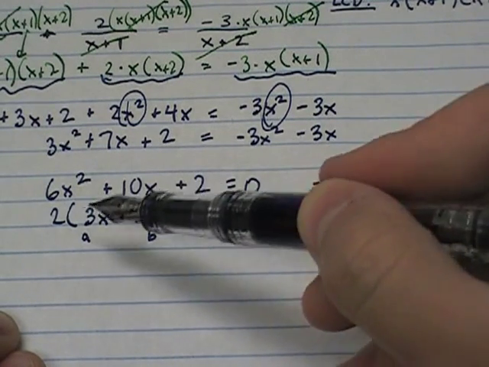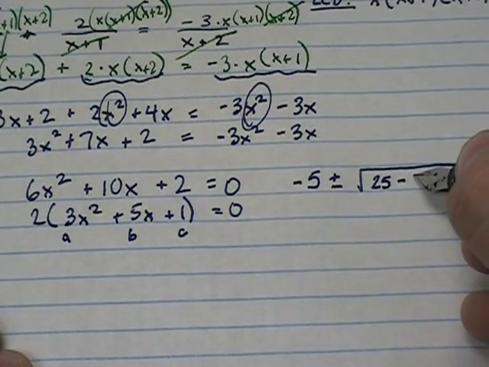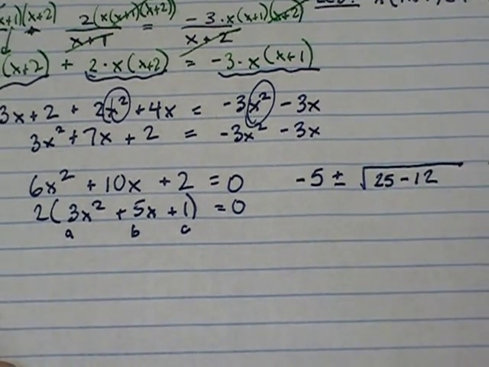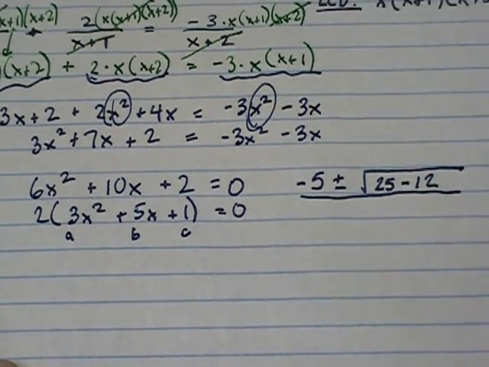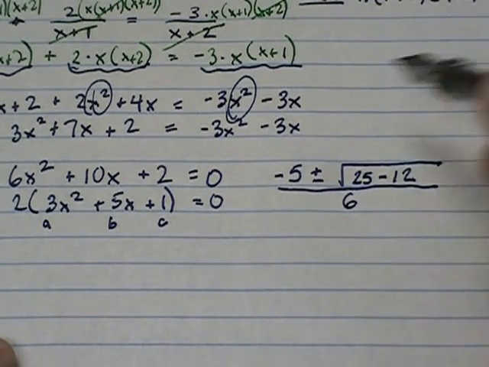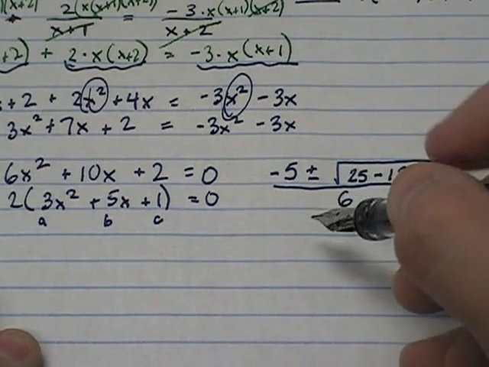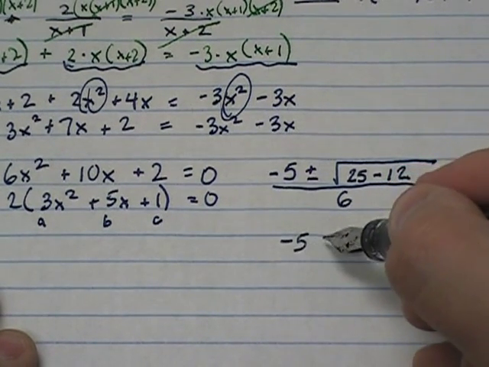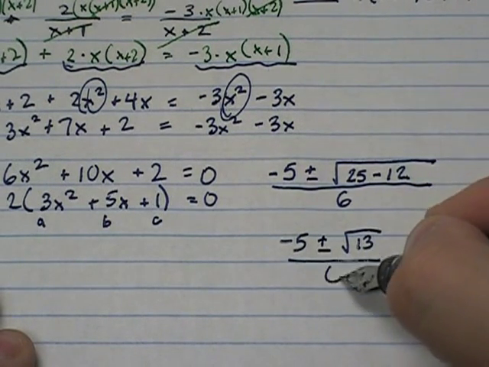So 4 times 3 times 1, well 4 times 3 is 12, and 12 times 1 is still 12, so it's minus 12, over 2A. So 2 times 3 is 6. So there's the quadratic formula, and 25 minus 12 is 13, so I get negative 5 plus or minus the square root of 13 over 6.